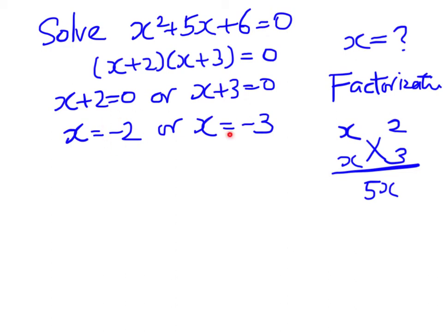So we have two answers. In fact, these two answers have a different name in quadratic equations. We usually call these the roots of a quadratic equation. Roots mean the answers of the equation.